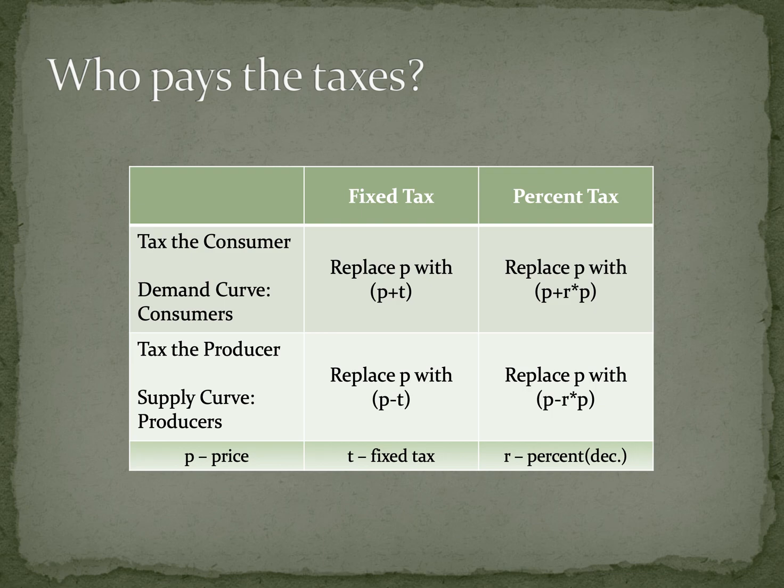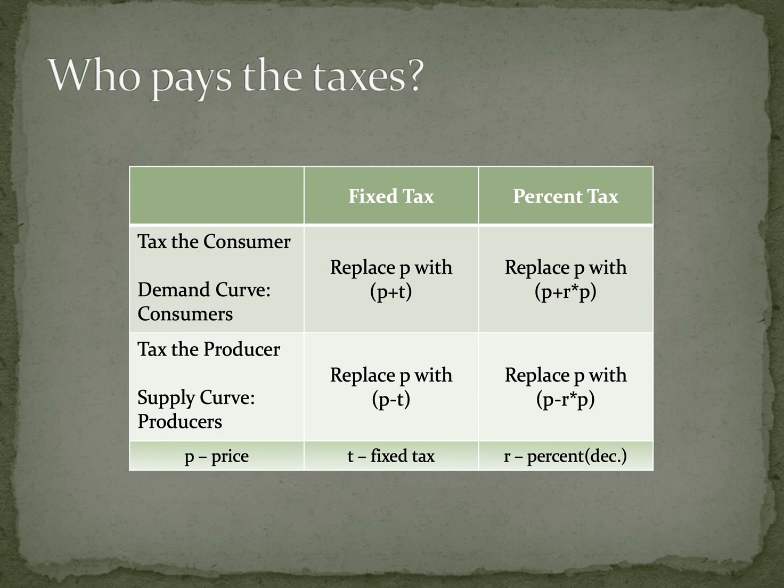Now, if they tax the producer, it may not be exactly the same, but here you're looking at something like your gasoline taxes. When you see the advertised price at the gas station, you pay just the price that's advertised.